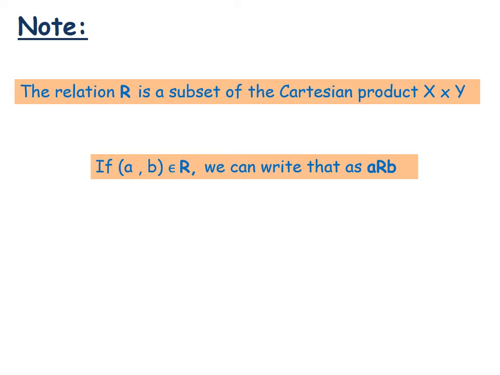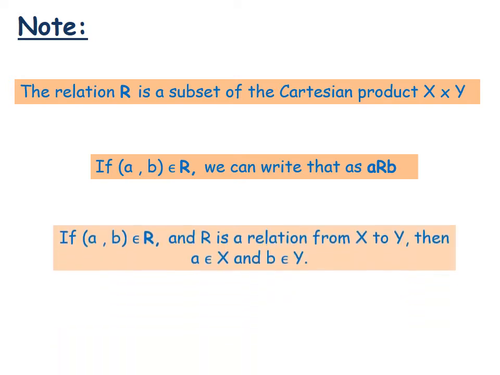If the ordered pair (a, b) belongs to the relation R, we can write that expression as a R b, and that means there is a relation between a and b. A is a set and B is a set, or there is a relation formed from A to B. A is the first set crossing B as a second set, and we have some condition, and that's called a relation, and it's written a R b.